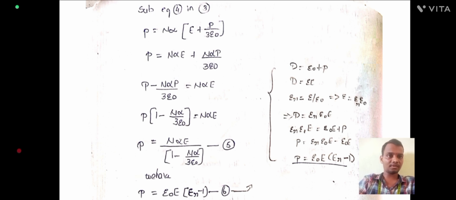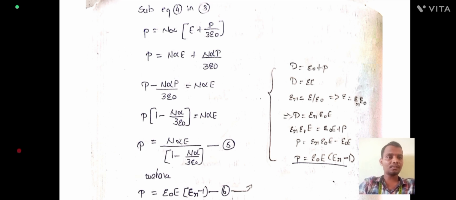It is equation 5. We have P is equal to epsilon naught times epsilon r minus 1, times E. It is the sixth equation. We can see in the slide D is equal to epsilon naught E plus P. D is equal to epsilon E, where epsilon r is epsilon by epsilon naught, so epsilon is epsilon r epsilon naught.